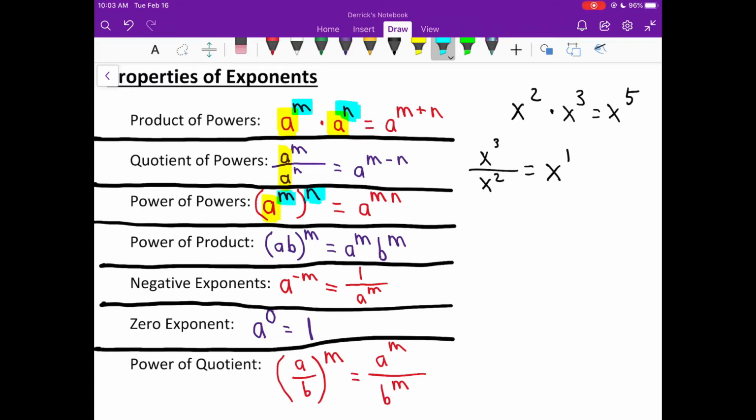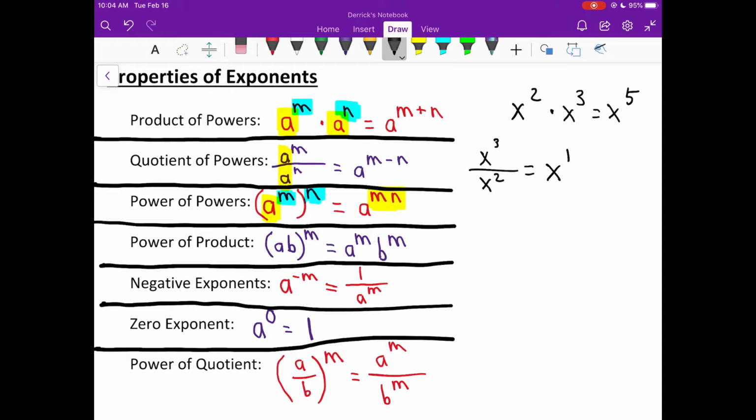With the power of powers, we are now looking at one single base, and it has two exponents going to that same base. And so what that does is when you have a power to another power, or when you have two exponents going to the same base, you are going to multiply those two exponents.